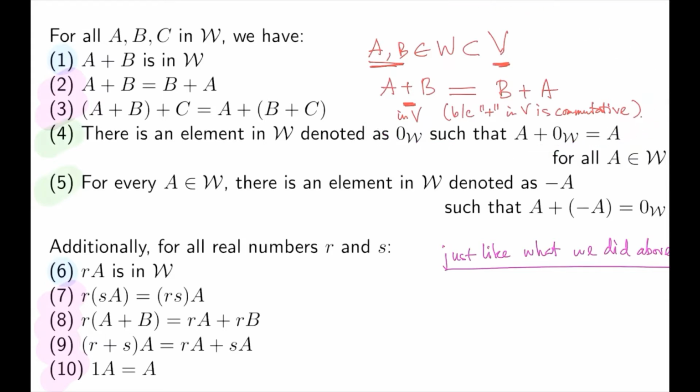Say property number 4 first. That is because I am not sure if the vector that plays the role of the zero vector in W is the same as the vector that plays the role of the zero vector in V.